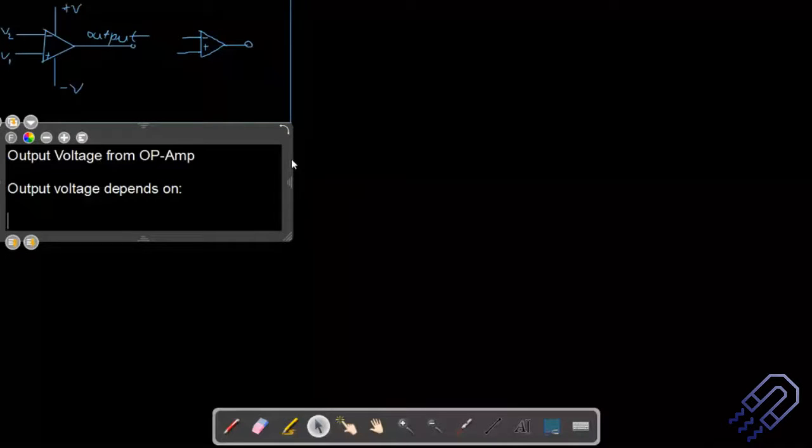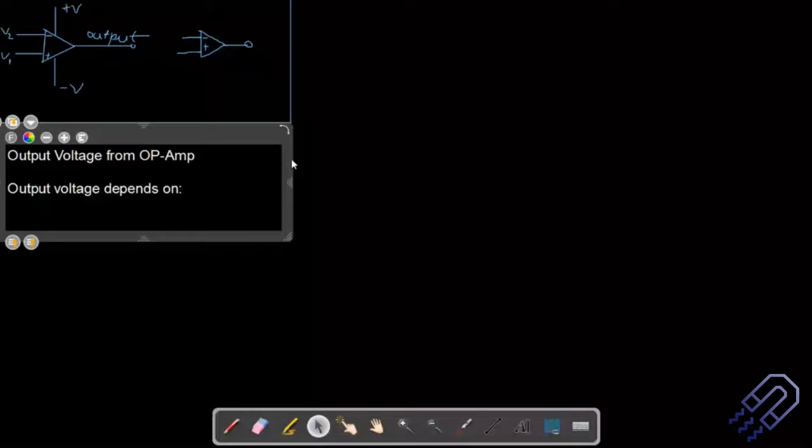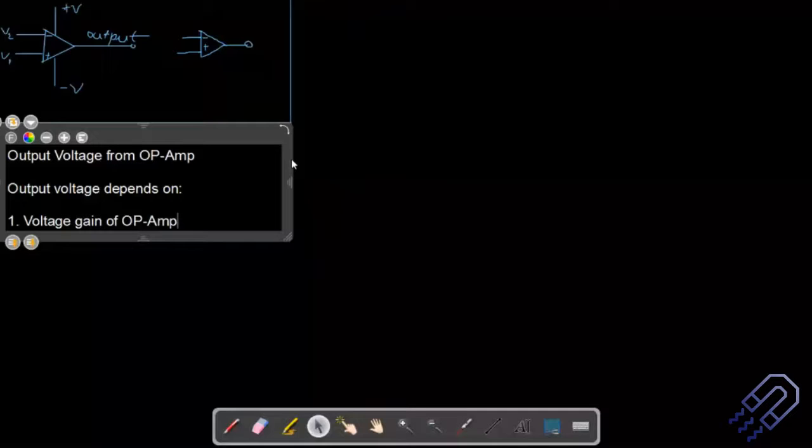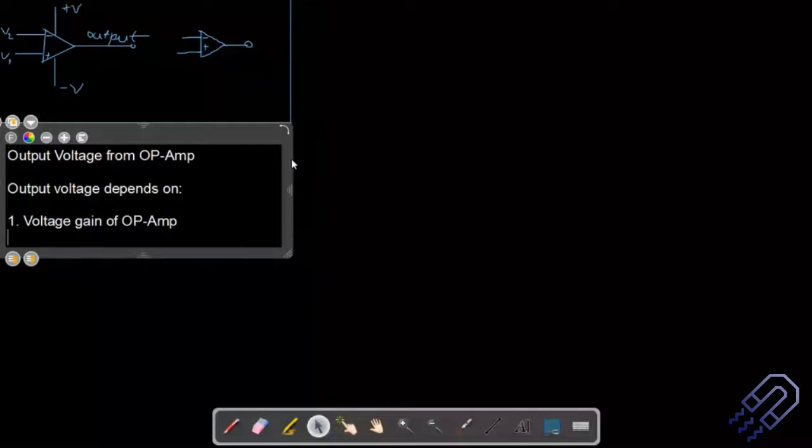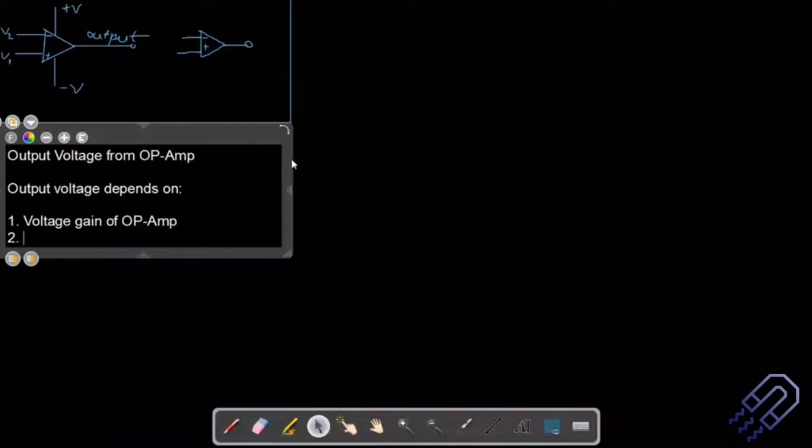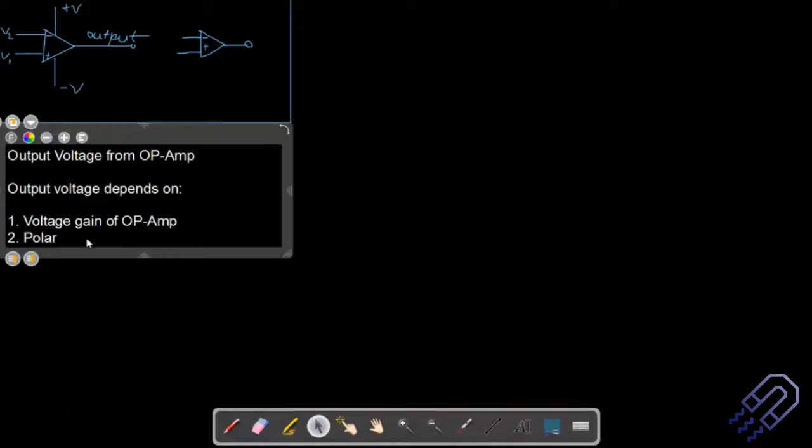First thing is the voltage gain of the op-amp. Whatever the voltage gain is, multiplied by the input voltage difference, you will basically get that as the output voltage. So even if you have a very small voltage of 1 millivolt, a good device will give you a very high voltage output. That is also one of the advantages of the op-amp. Next, polarity, the relationship between V1 and V2.